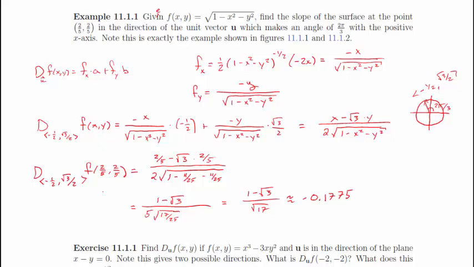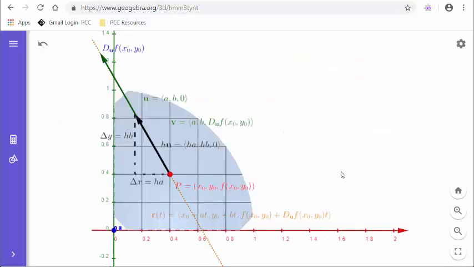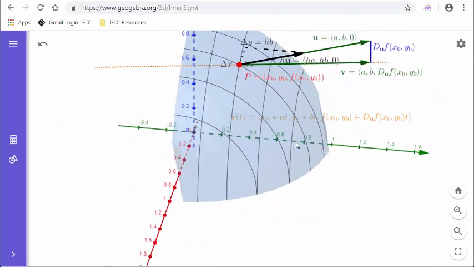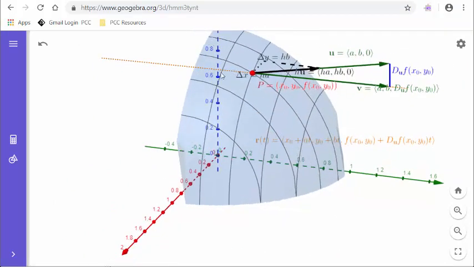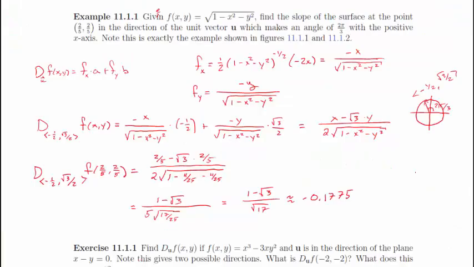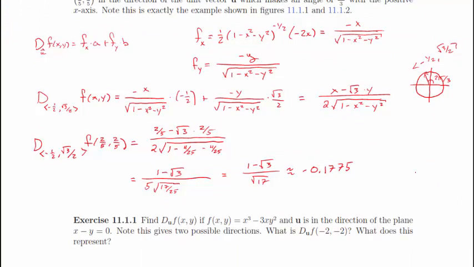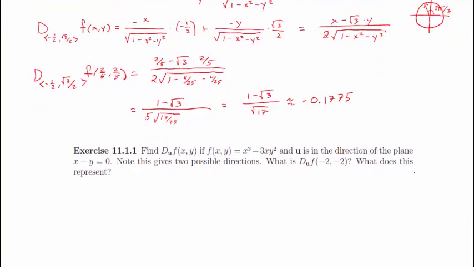If I go and look back at our graph here, the slope of this line right here is that negative 0.1775 value.